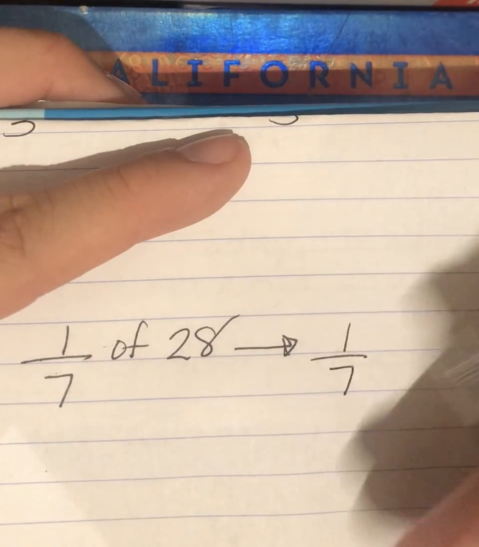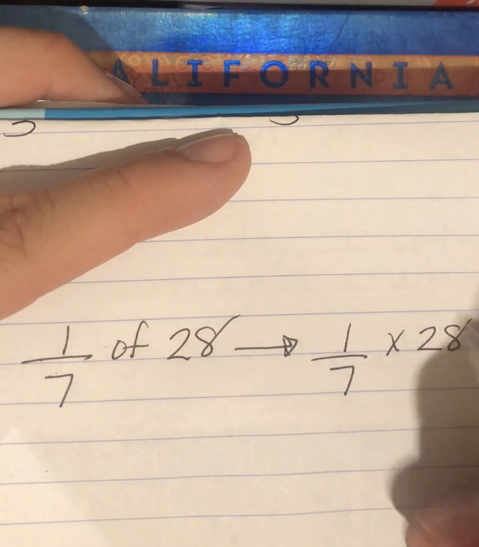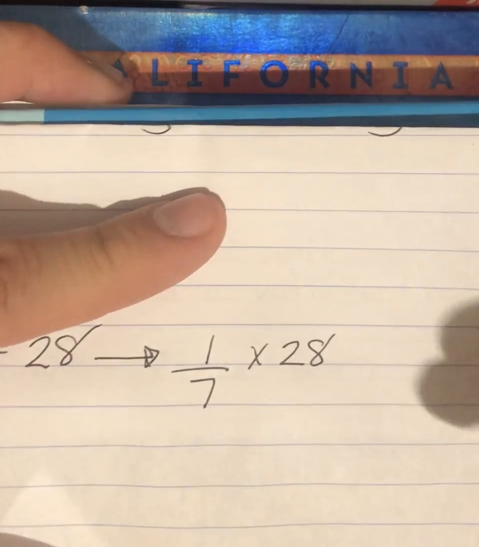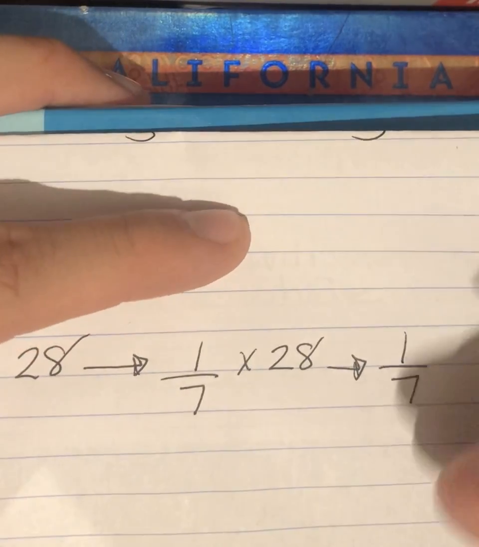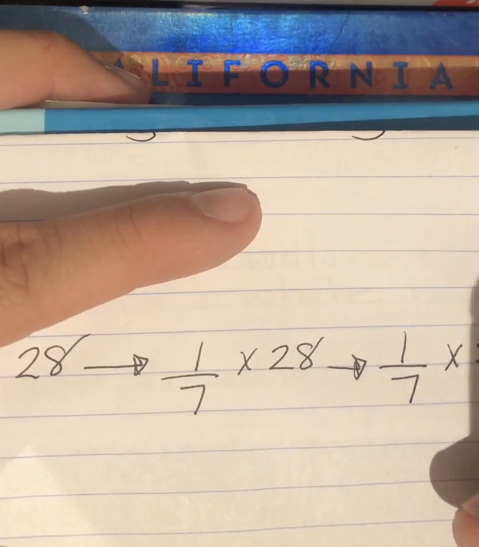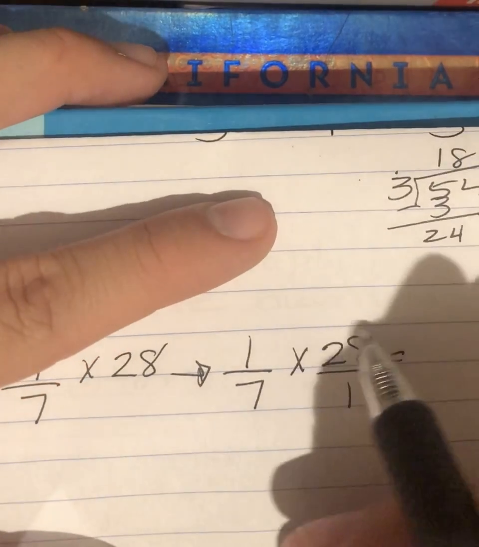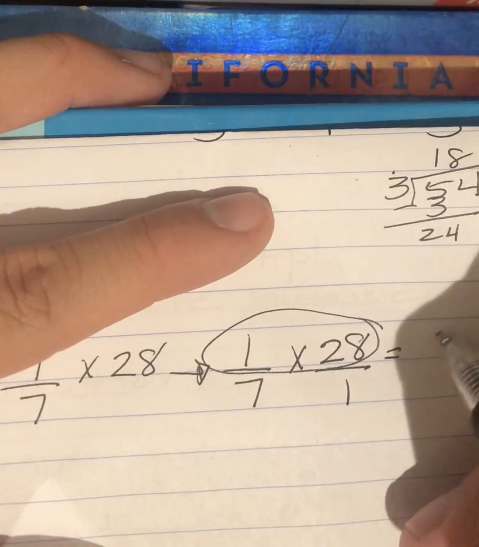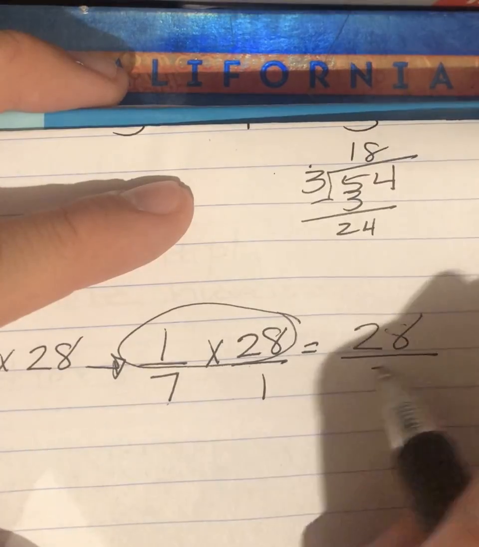So 1/7 times 28. 28 is a whole number and cannot be multiplied by a fraction, so I have to rewrite it as 1/7 times 28 over 1. Now I can multiply straight across. 28 times 1 is 28, and 7 times 1 is 7.